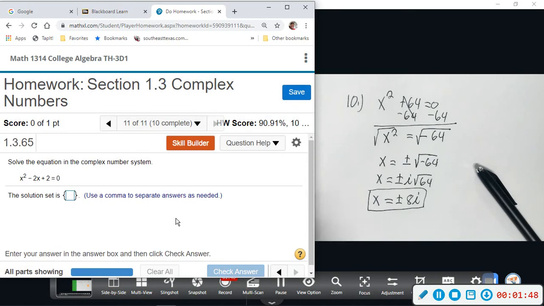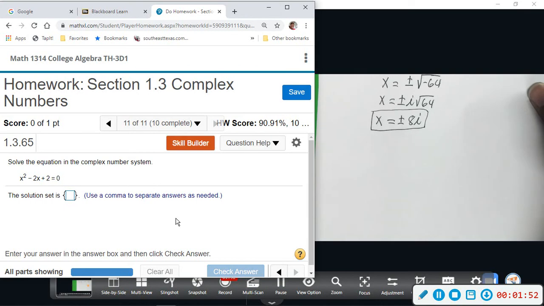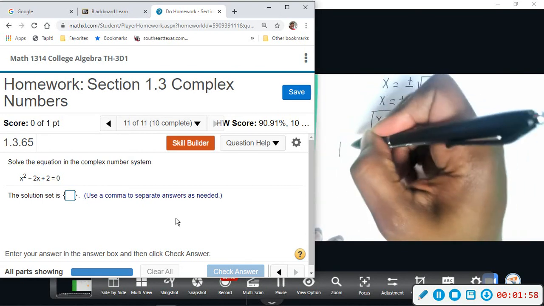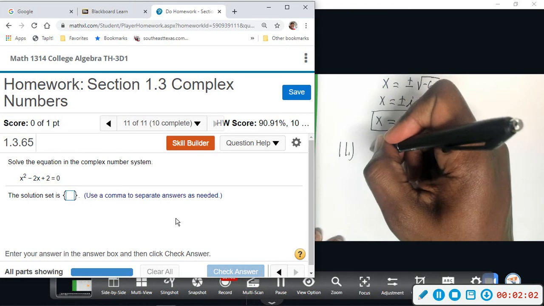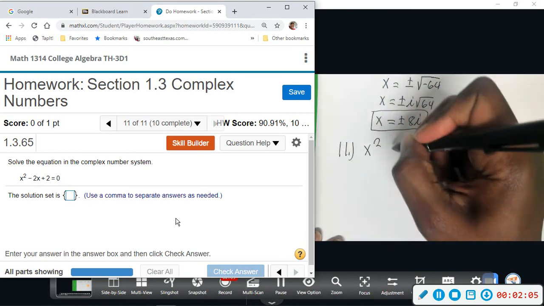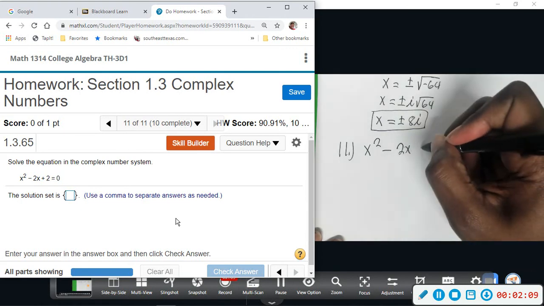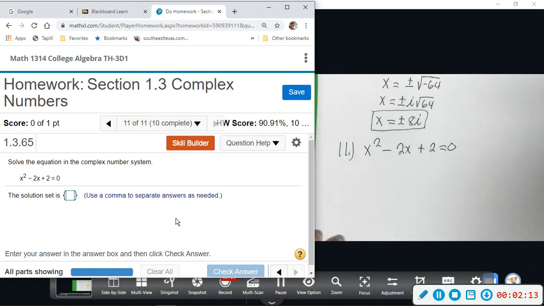Number 11, we're going to be doing the same thing, solving this in the complex plane. I'm guessing this will not factor, so we have to use the quadratic formula. x squared minus 2x plus 2 equals 0.